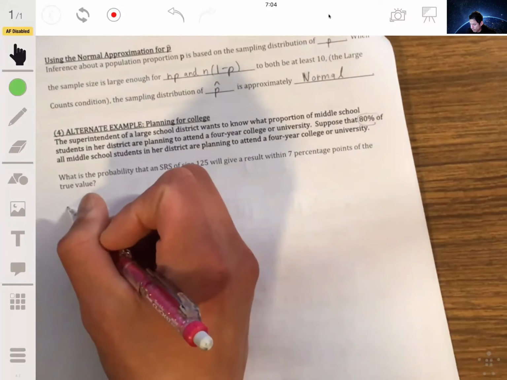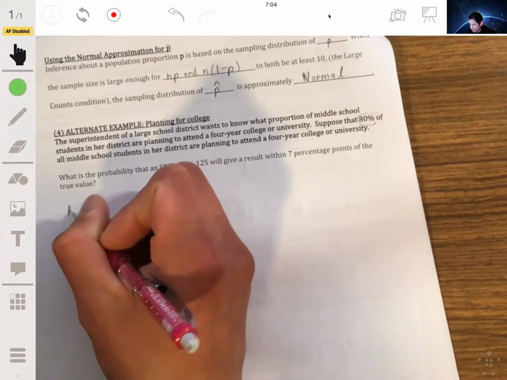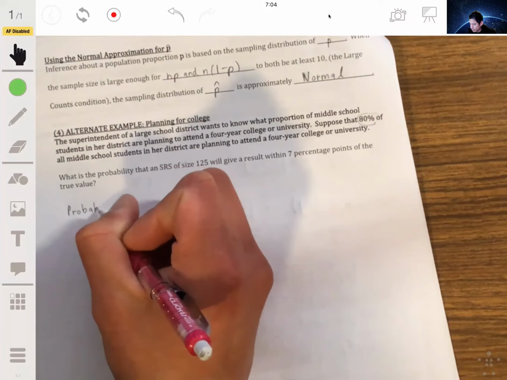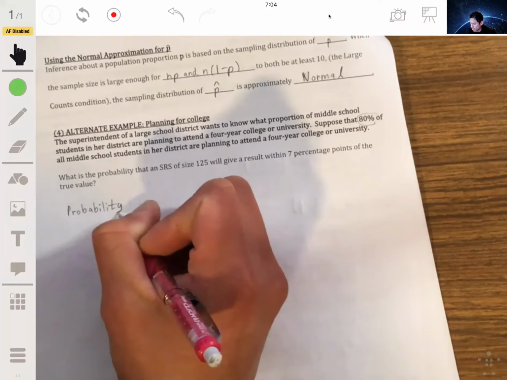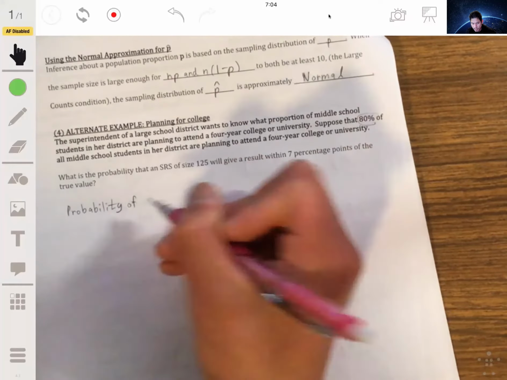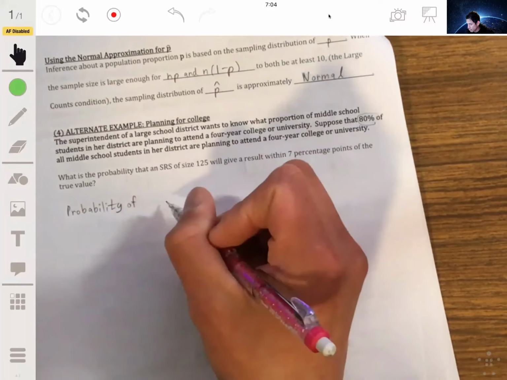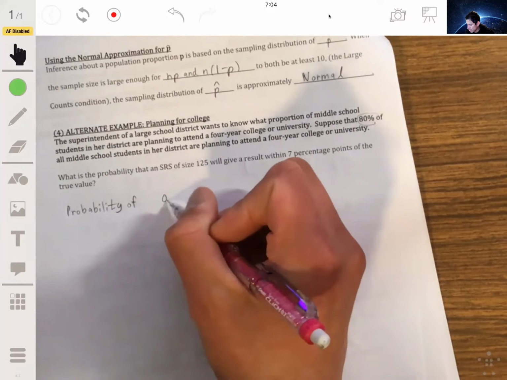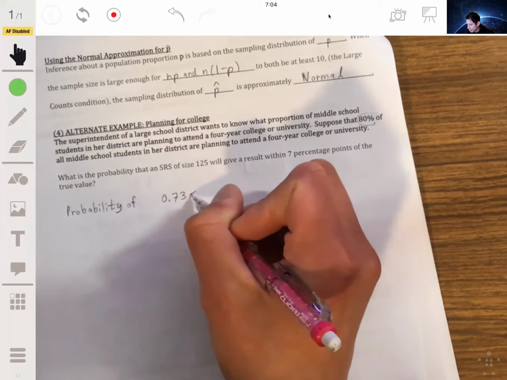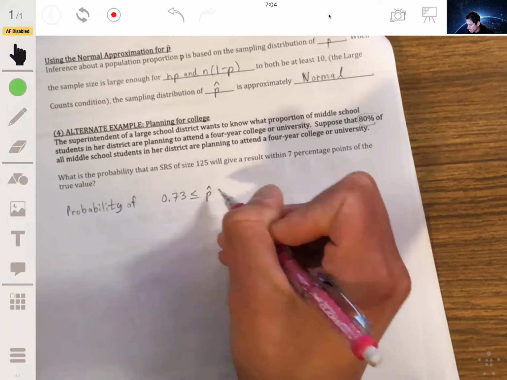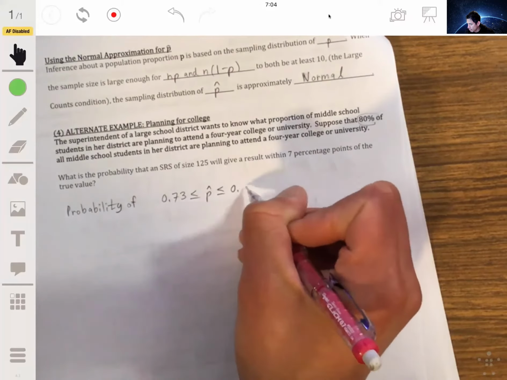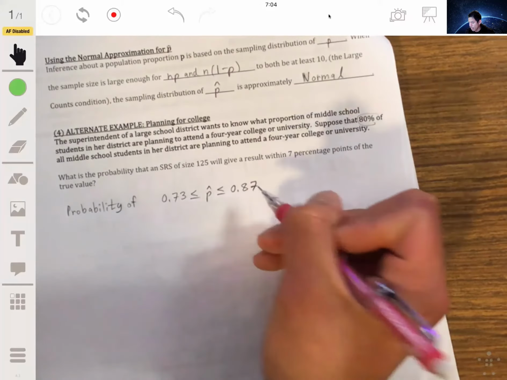So let's just write that clearly: the probability of p hat being between 0.73 and 0.87.